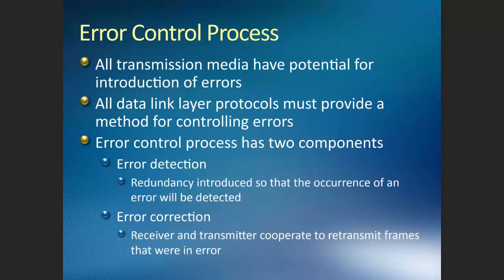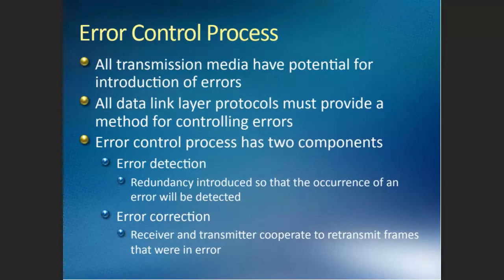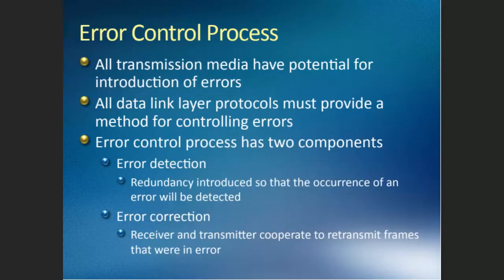The error control process: because all transmission media have potential for errors, all data link layer protocols must provide a method for controlling errors. We have 2 components for error control. First is error detection. So redundancy is introduced so that the occurrence of an error will be detected.